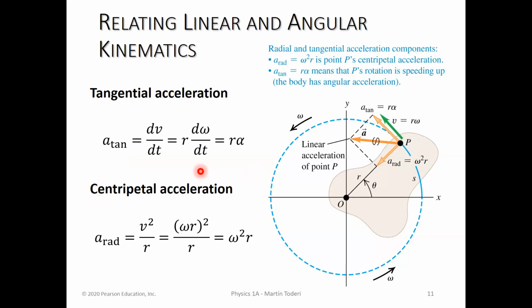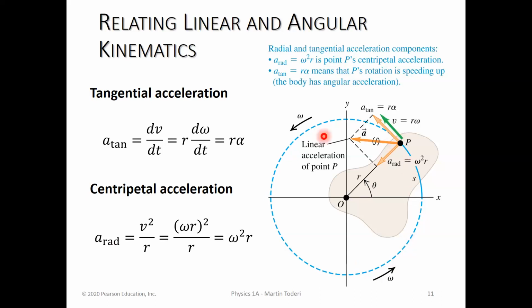But for centripetal acceleration, we had this expression here, and remember we called that the radial component of the acceleration, which is always pointing to the center of the rotation. It was v squared divided by r, and that's omega times r squared divided by r, which is simply omega squared multiplied by r.